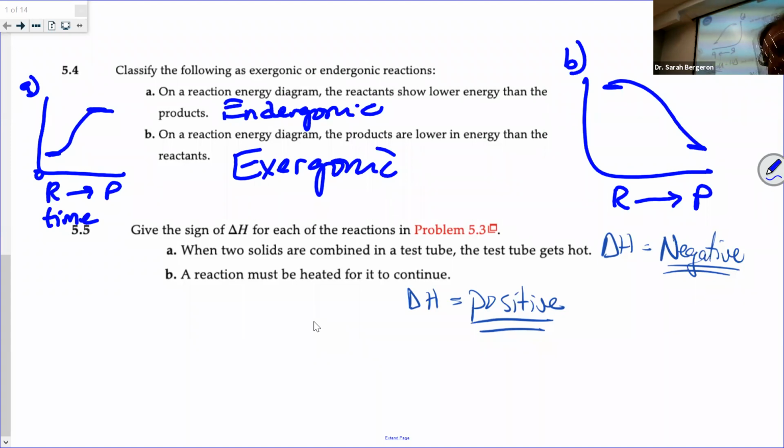How about for A? Are we going to have a positive or a negative? This is going to be a positive delta G, right? We're endergonic. We have to have a positive delta G. And how about B? What are we going to have here? Negative. If you know they're endergonic or exergonic, you can easily put those signs in for delta G. Good on that?